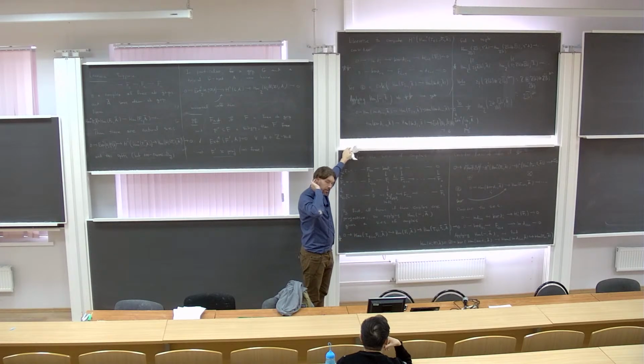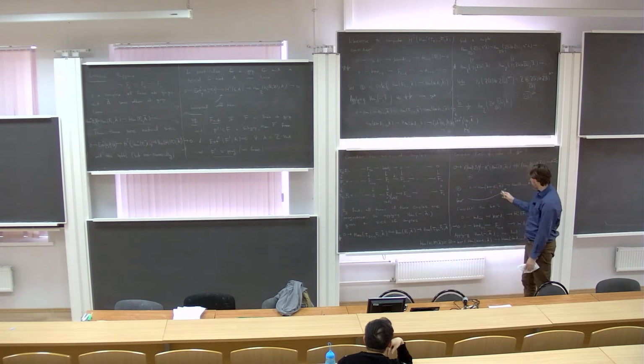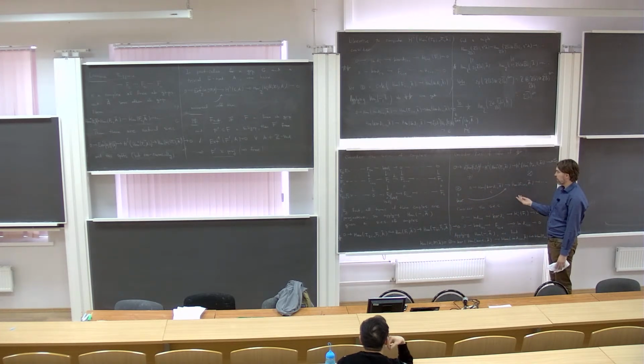Did we use what? Yeah, you kind of splice so that we have some map and we're either trying to compute the kernel of the map or its co-kernel.